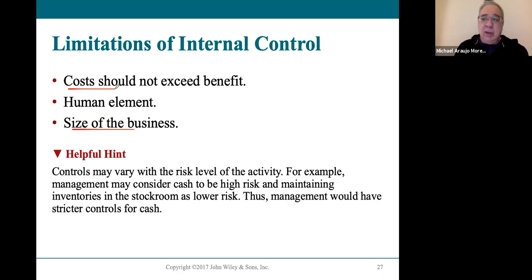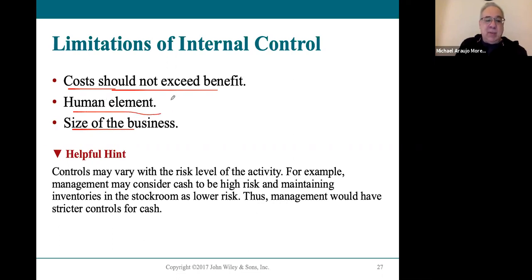In a smaller place, there's a lot more trust that what people are doing is the right thing. Oftentimes you'll find out much later that it might not be, but that trust is there. So costs can exceed the benefit for smaller companies with fewer employees. For larger companies, it shouldn't be a problem.